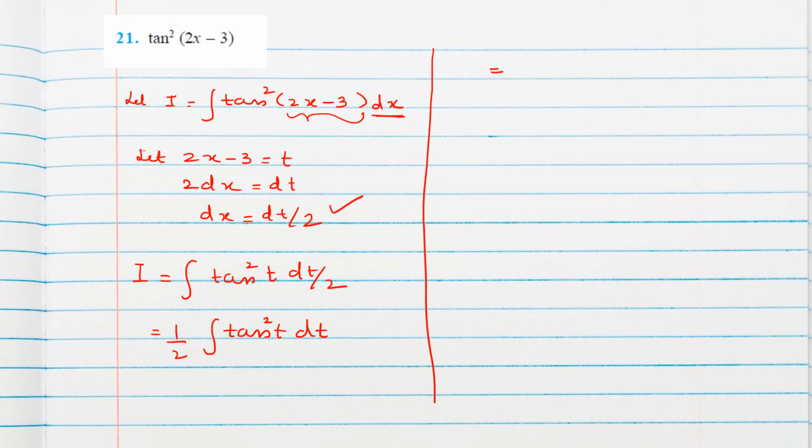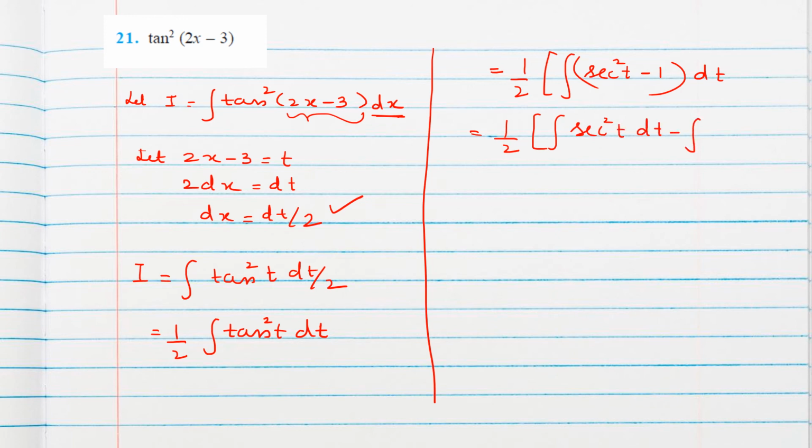Okay. So now see, we don't have any formula for the integration of tan square. So what we will do is use an identity here, which is sec square t minus 1. So now separate the integration: sec square t dt minus 1 dt.